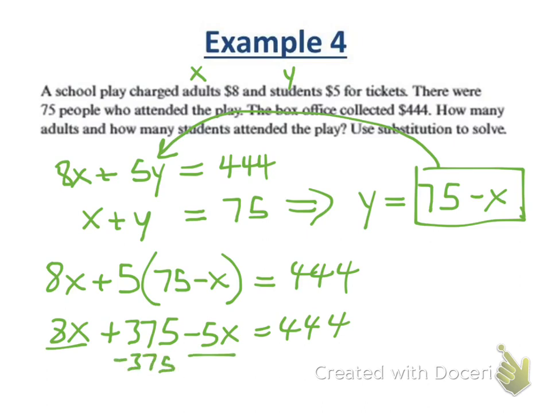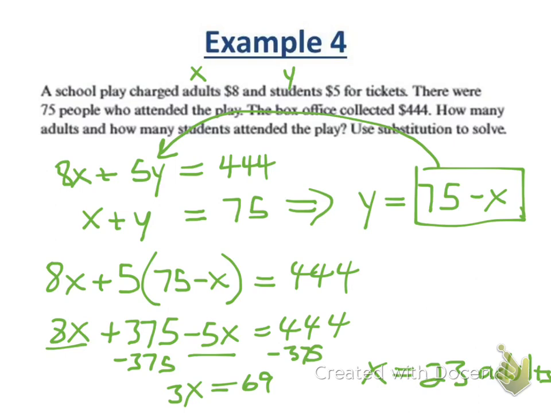Subtract 375 from both sides, and we get 3X equals 69, which means X equals 23. So 23 adults. Would it be negative 23?